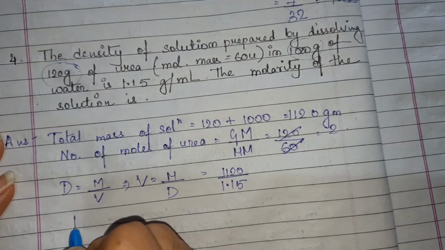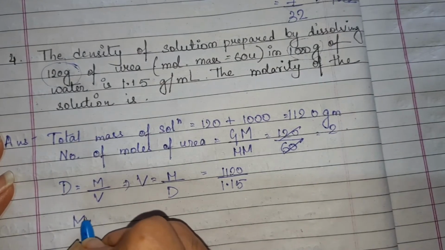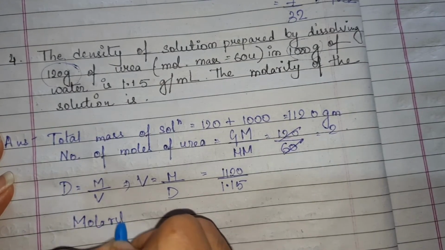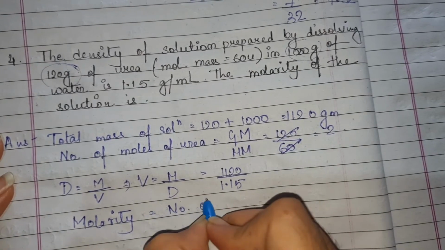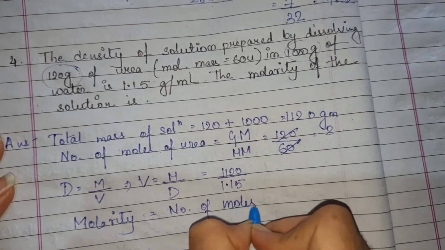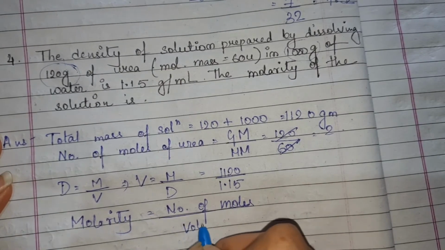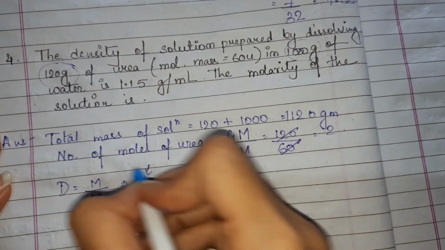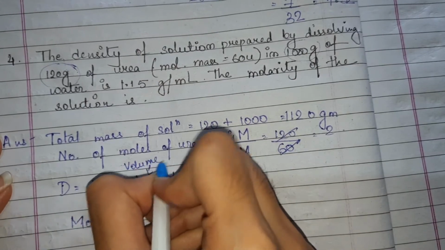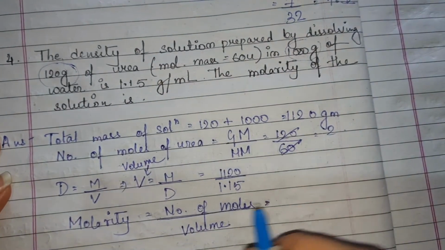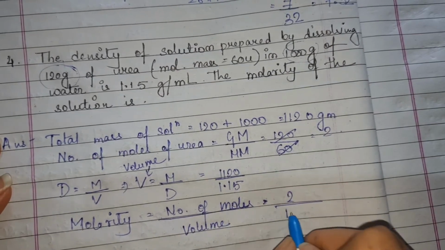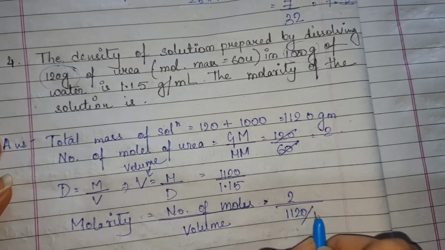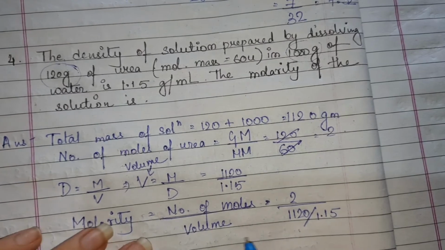Now molarity. Our question is asking us to find molarity. Molarity is what? Number of moles by volume. This is the volume, and the number of moles we got is 2. So 2 by this whole thing, 1.15.